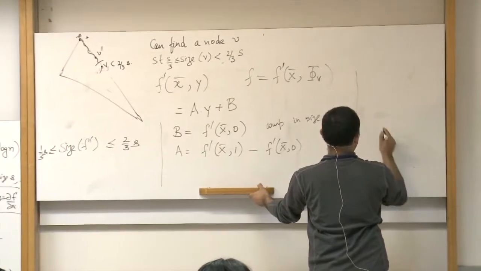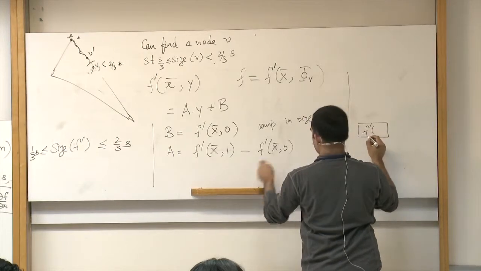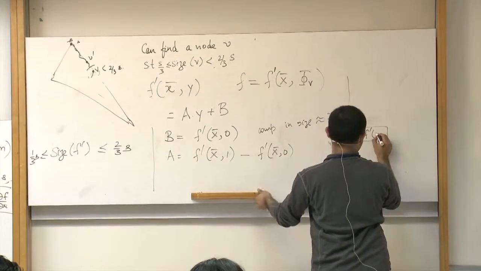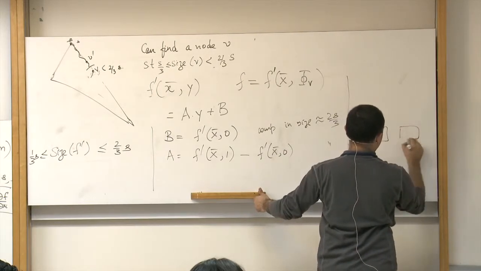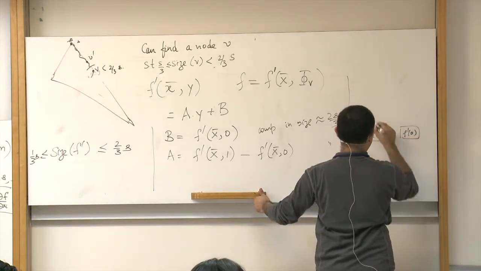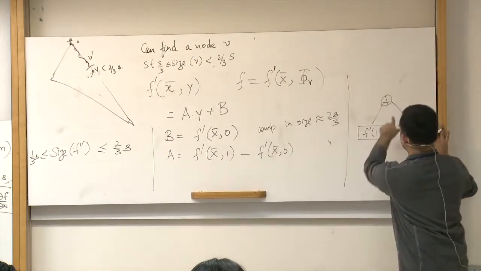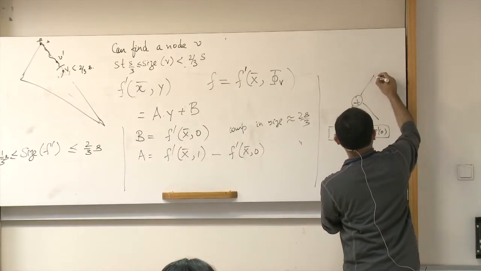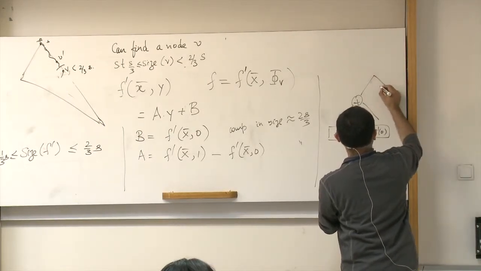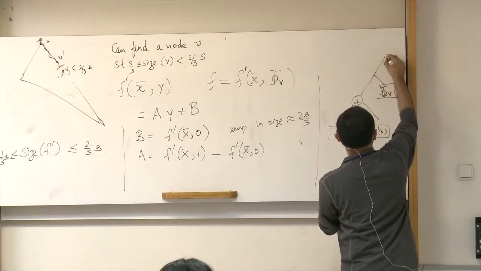What do you do for that? Suppose you have a box that computes f prime of 1, f prime of 0. Let's say you have another box that computes f prime of 0. This is a box that computes a, right? And I'm supposed to multiply this with the node computed at v.